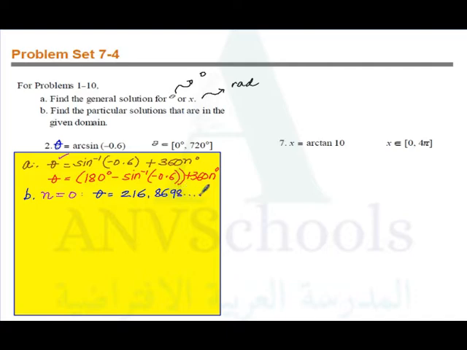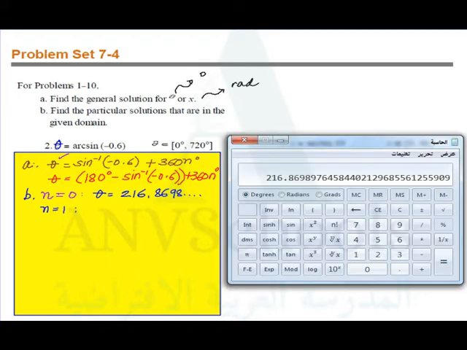When n is equal to 1, all we need to do is to get the value of this and add 360 degrees. So that it wouldn't be redundant, we can set up the general solution for this as 0.6.